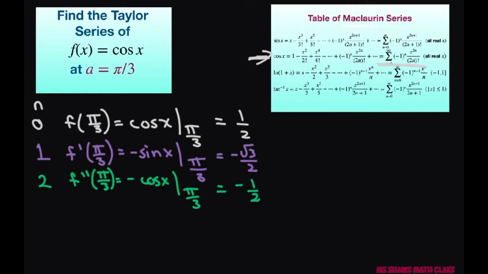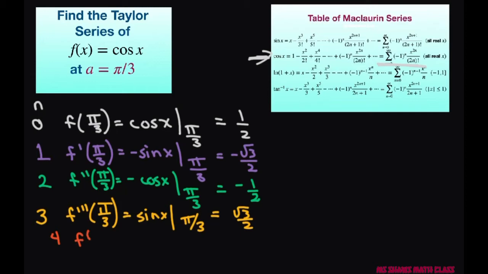And then for n equals 3, we have our third derivative at π/3, and that's going to equal sine of x at π/3, which equals square root of 3 divided by 2. And then we have 4. That's our fourth derivative at π/3, which equals cosine of x evaluated at π/3, which is 1/2. Then it repeats.